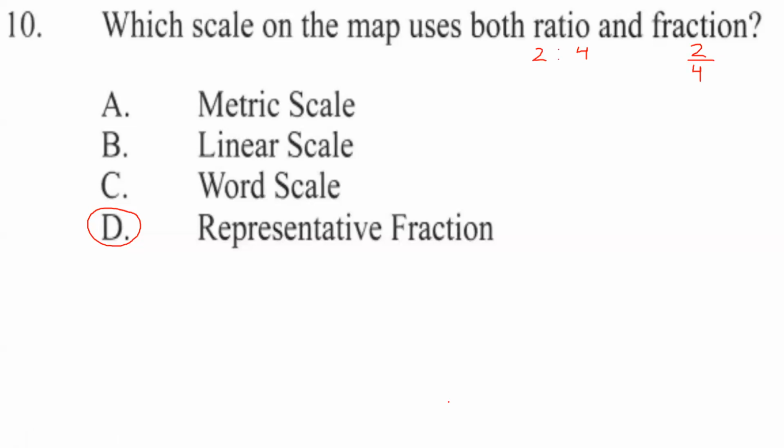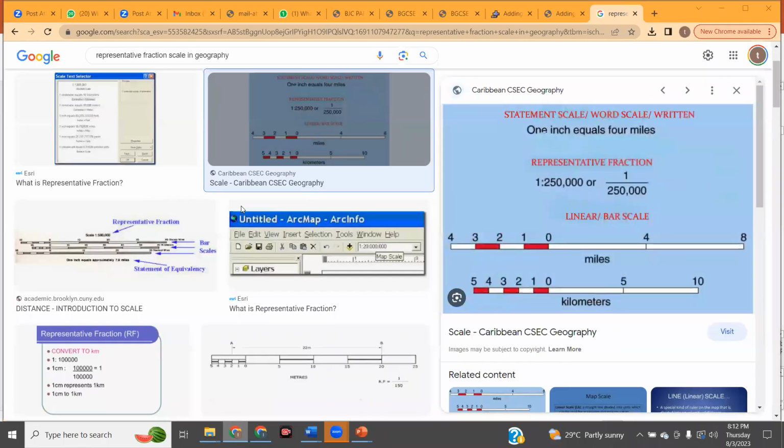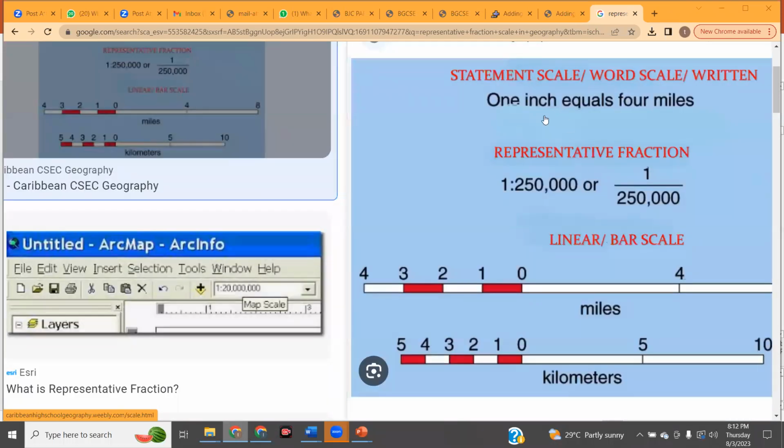Yes, sir. Good. So when we say representative fraction, this is what we mean. This is what they have in geography. As you can clearly see, this is your scale. If it's in representative fraction form, it says 1 to 250,000 or 1/250,000.